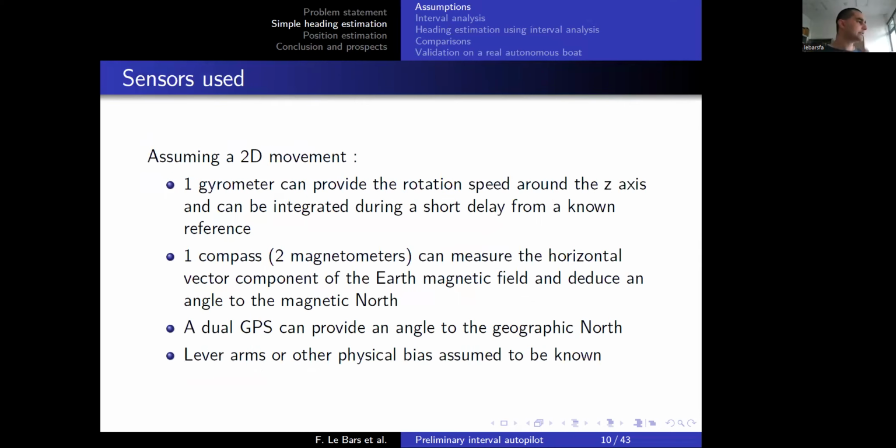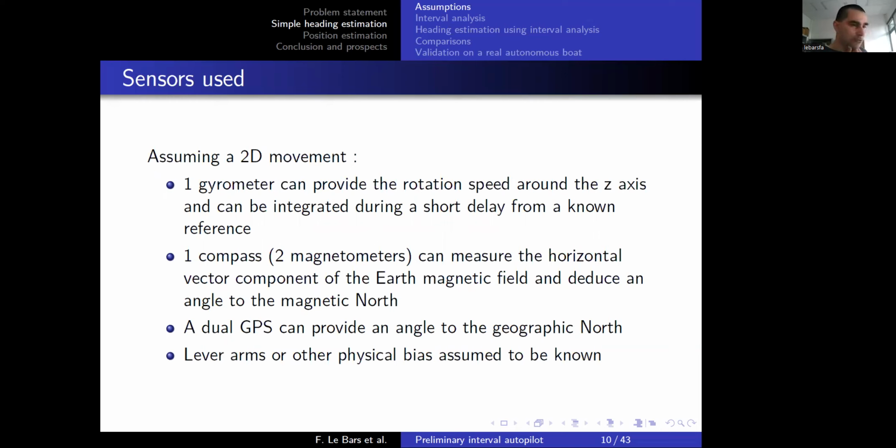So first, we will assume, to simplify, that we are in just 2 dimensions, and we will imagine that we have one gyrometer able to get the rotation speed of the robot. So we can integrate the data over a short delay if we have a known heading value at some time.